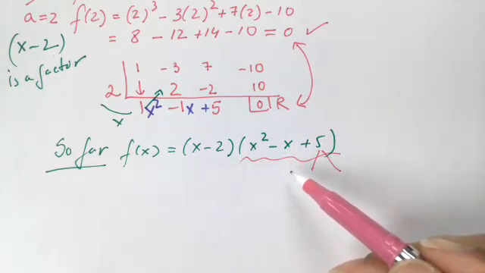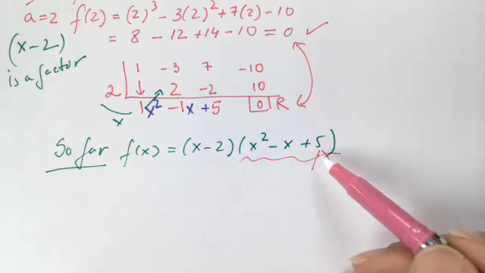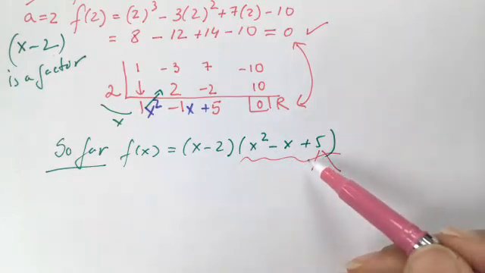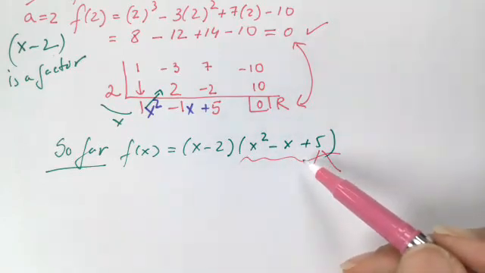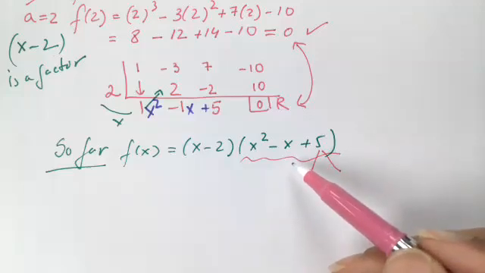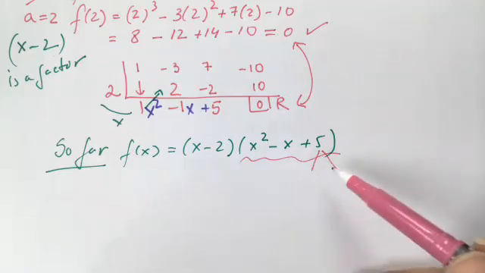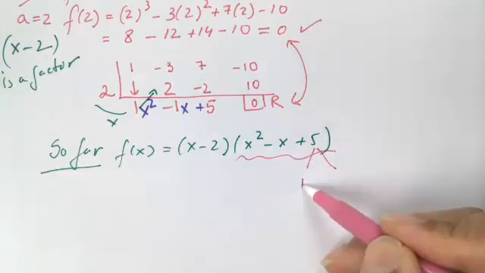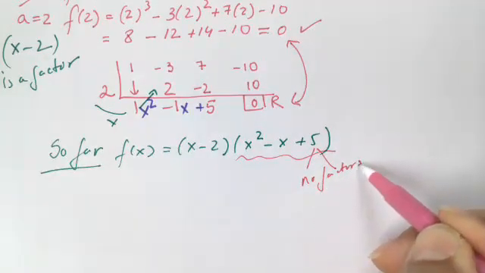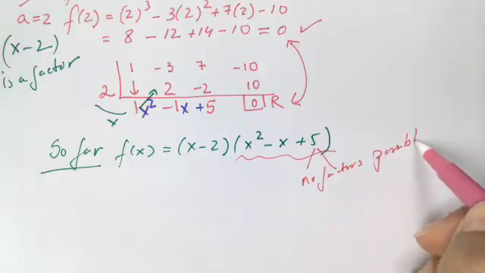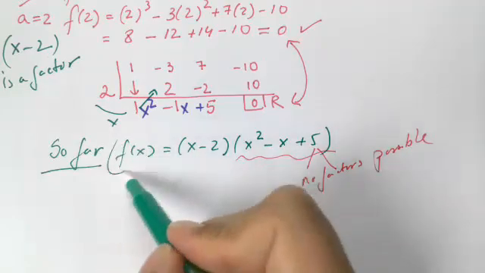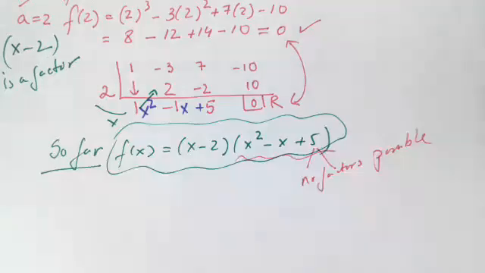No. We only have 2 possibilities: +1, +5 doesn't add up to -1, or -1, -5 doesn't add up to -1. So therefore, no factors are possible. So this is our complete factorization, because we cannot factor it further. Make sense?